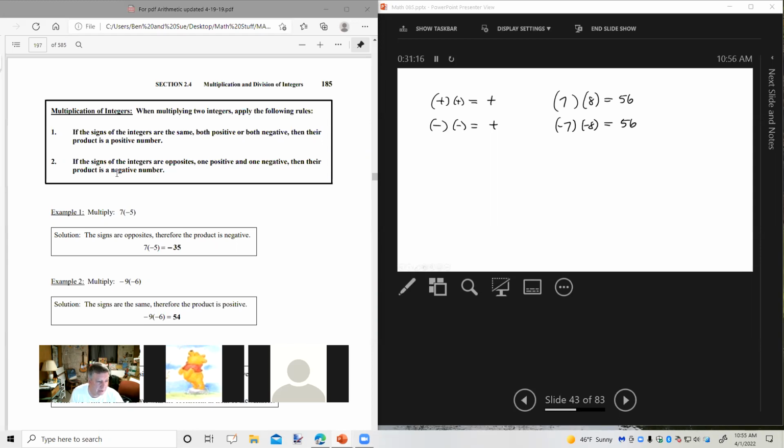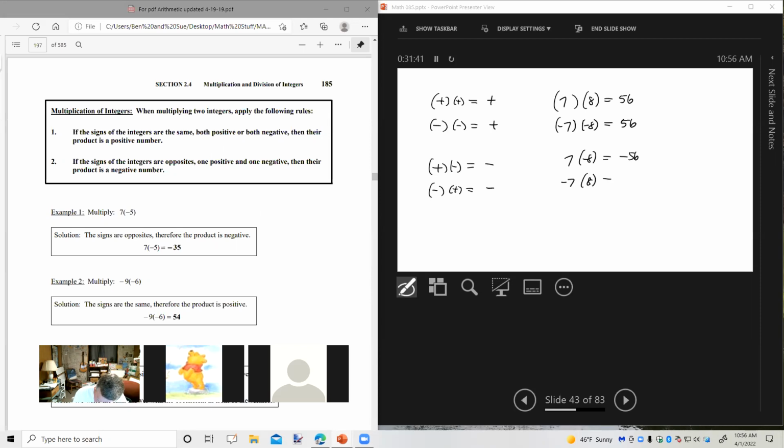Now, down here in item 2, it says if the signs of the integers are opposites, one positive and one negative, then their product is a negative number. So positive times negative is negative, and negative times positive is negative. So 7 times negative 8 would be negative 56.